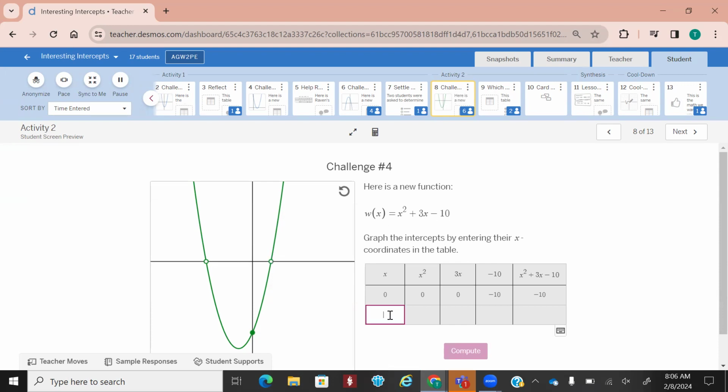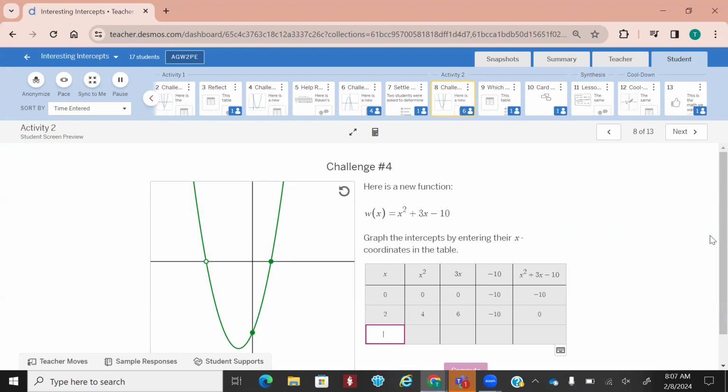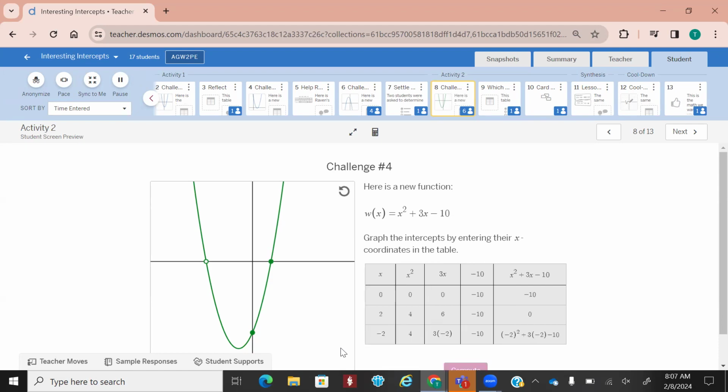Just take a guess. What would this x-intercept be? Maybe 2? And when we compute that, we get 0. So that's our x-intercept. What about this one? Take a guess at what this is going to be. If I took a guess, let's try -2. Well, that's not it.